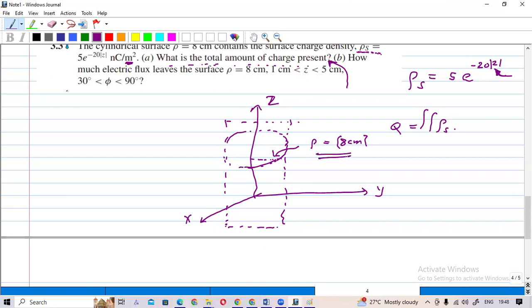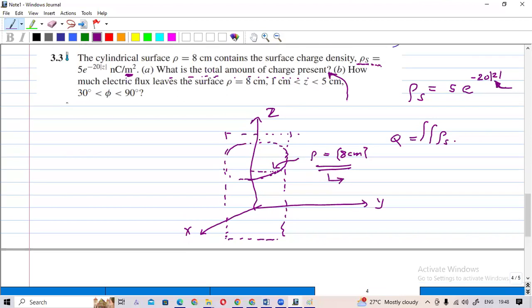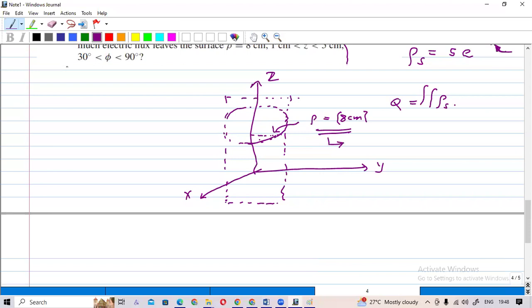So you can consider the cylindrical coordinate here. If you consider cylindrical coordinates, the surface integration you should do. So what is the variable? You should do the surface integration. Now you know it. Please tell me.